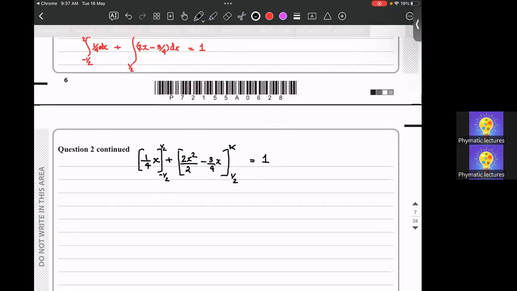Then upper limit minus lower limit. So 1/4 into 1/2 minus 1/4 into minus 1/2 is the first part.